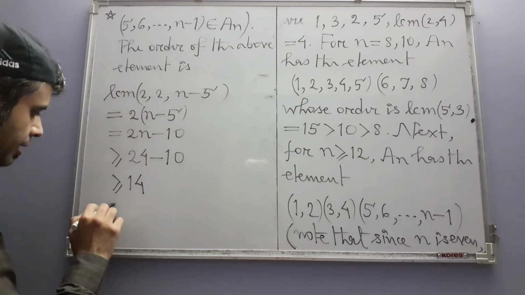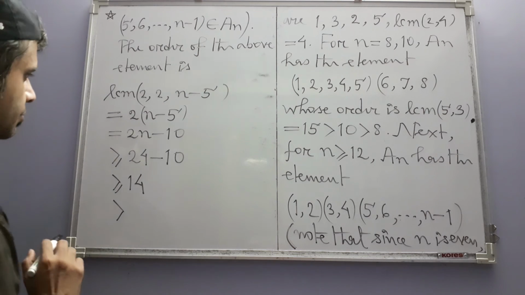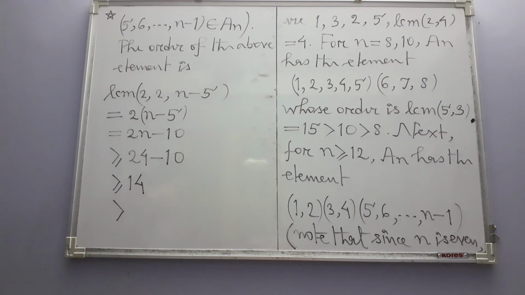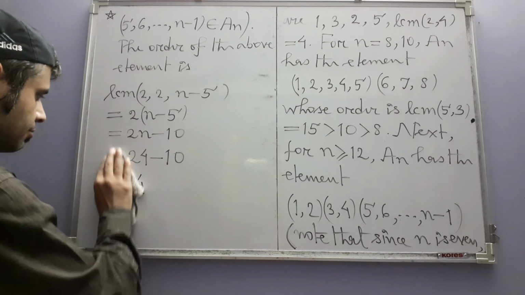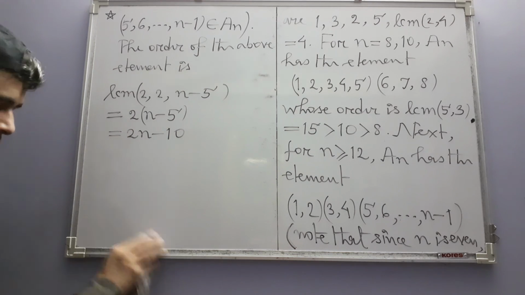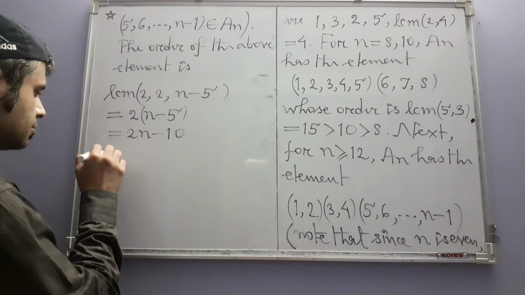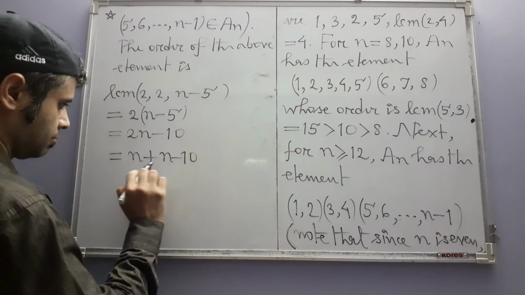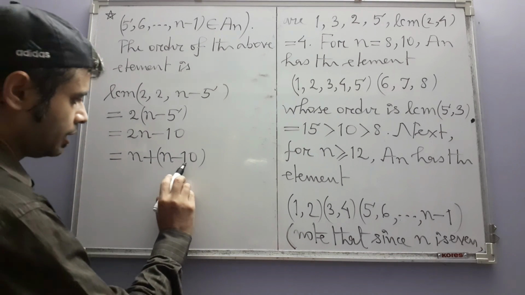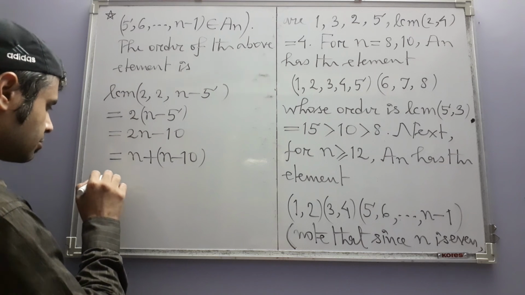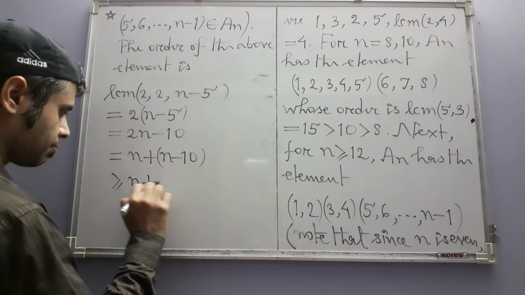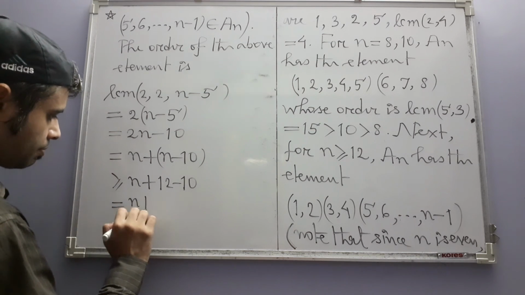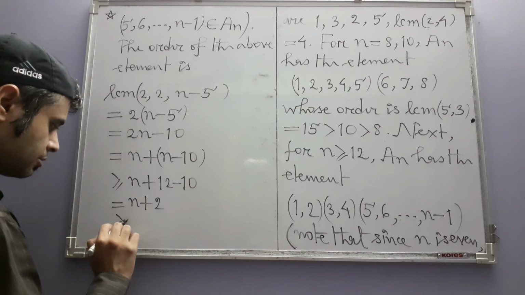This is equal to n plus n minus 10, and because our n is at least 12, so this thing is greater than or equal to n plus 12 minus 10, which is equal to n plus 2, and that thing is strictly greater than n.